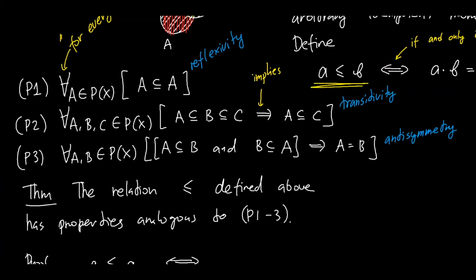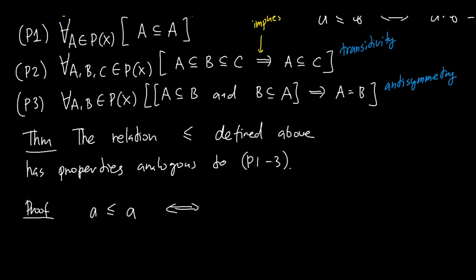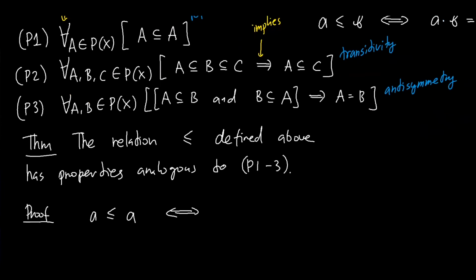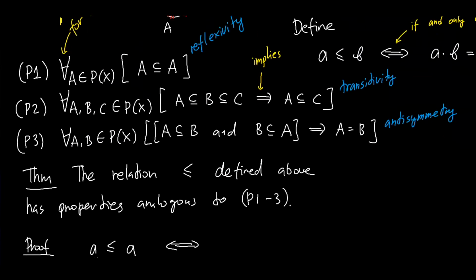It tells us that if this is true, then the other thing is true, and conversely, if the other thing is true, then this must be true as well. So the two things are true at the same time, and if one of them isn't, then the other one isn't either. So if less or equal in general was defined this way, then what would it mean to say that A is less or equal to A?